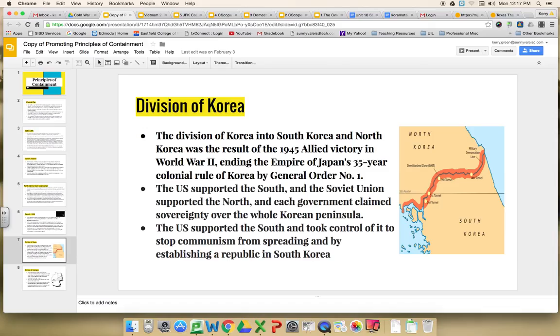And then you can see here on this map the demilitarized zone. That's an area where there's not supposed to be any kind of military action or anything like that. So when North Korea does some crazy stuff now, that's what they're playing with, is that demilitarized zone. And so the division of Korea is a way for us to kind of get out of Korea without continuing to engage in that conflict.